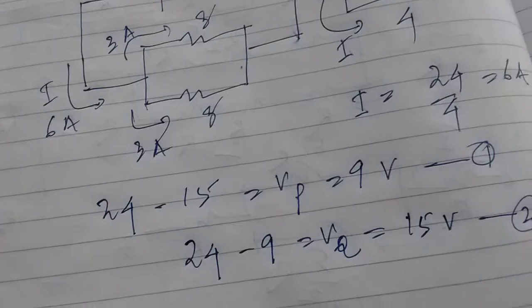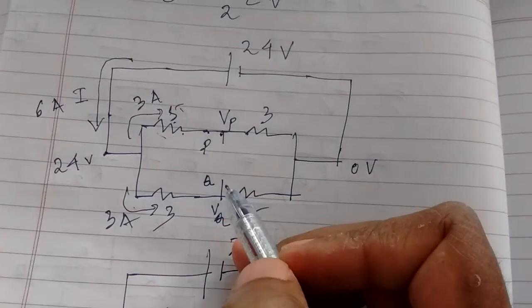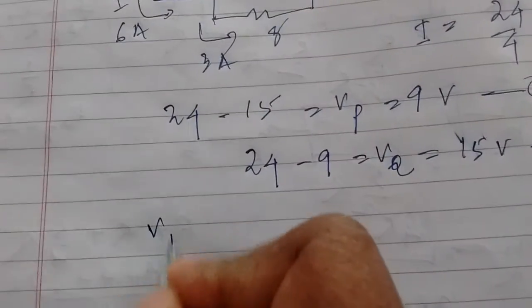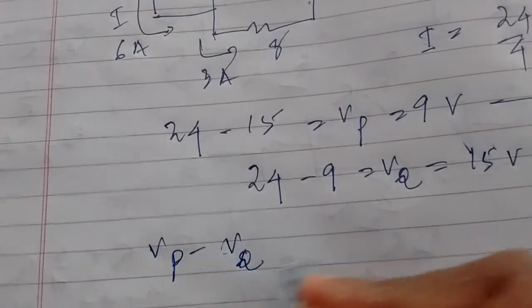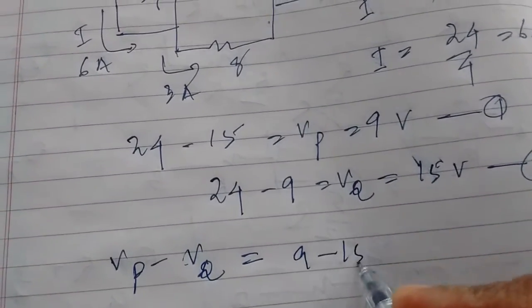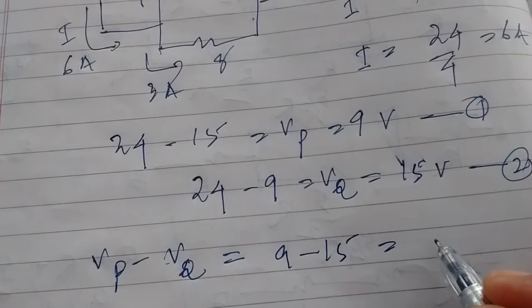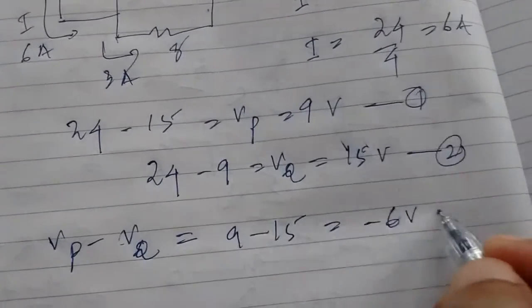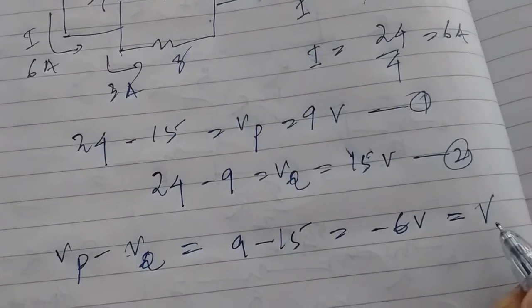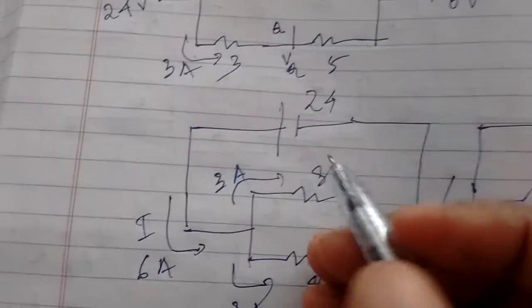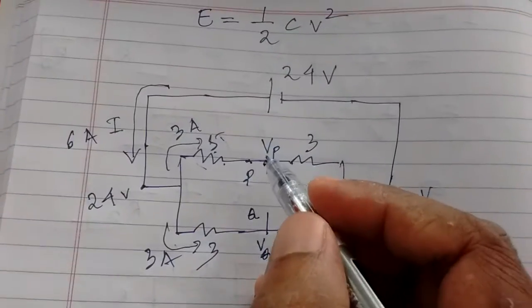We have to find out the potential difference between Vp and Vq, that means Vp minus Vq. So Vp minus Vq is equal to 9 minus 15, that is minus 6 volt. This is nothing but V, the potential difference across the capacitor, because the capacitor is connected between P and Q.